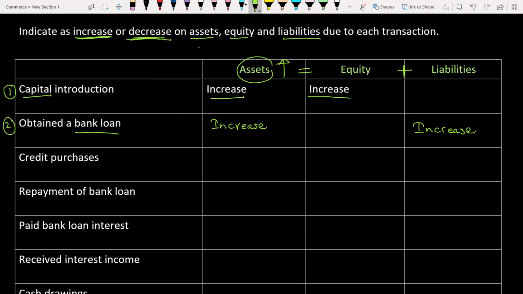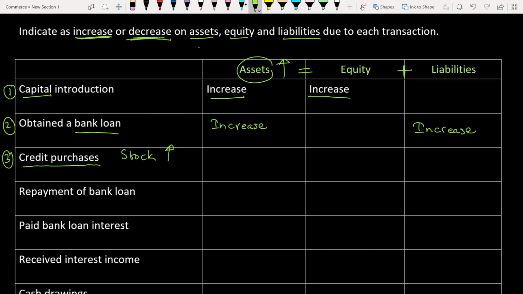Now let's take a look at the third transaction. Credit purchases. Let's say the business purchases stock of goods on credit. When the business purchases stock, the stock of the business increases.